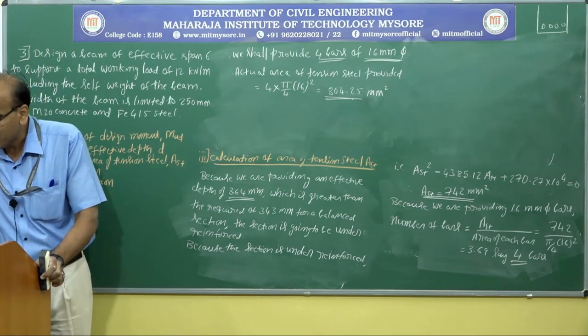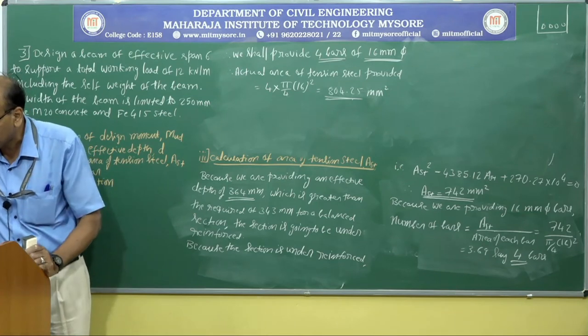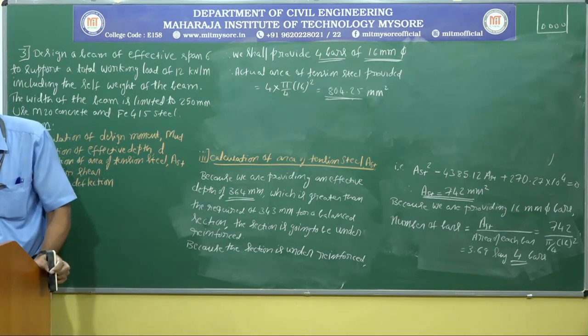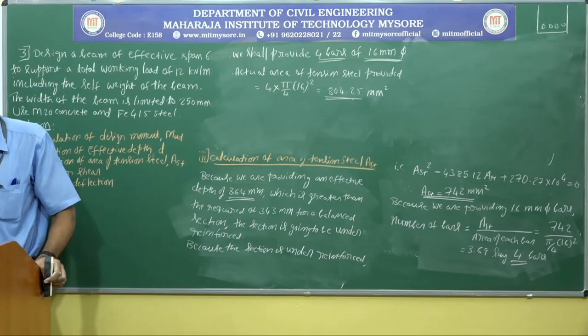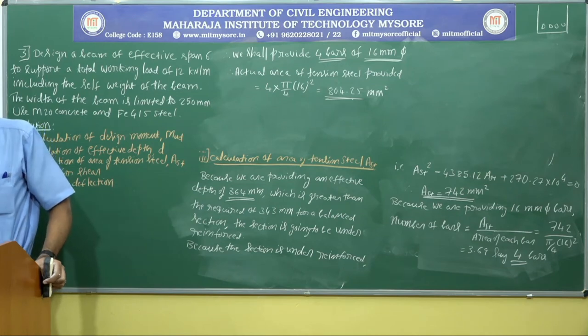It says the minimum area of tension reinforcement shall be not less than that given by the following equation. So what is that following equation? That is As divided by bd equal to 0.85 divided by fy. Okay, that condition should be satisfied.